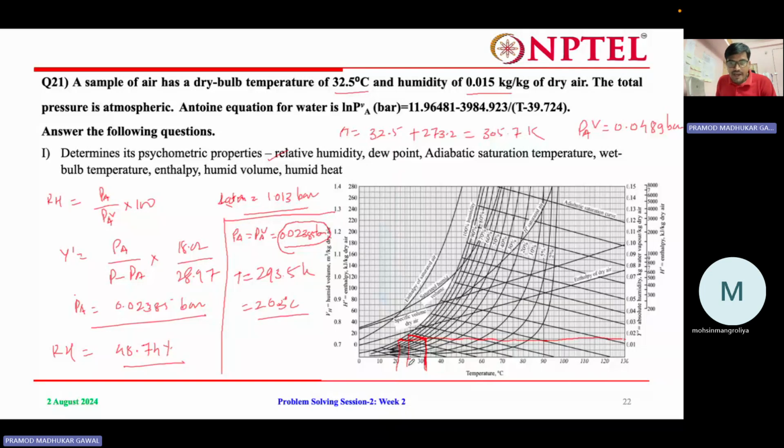This temperature is the adiabatic saturation temperature, or the wet-bulb temperature, because adiabatic saturation temperature is equal to the wet-bulb temperature, so either TAS or TW. This temperature is the dew point, around almost 20 point something.